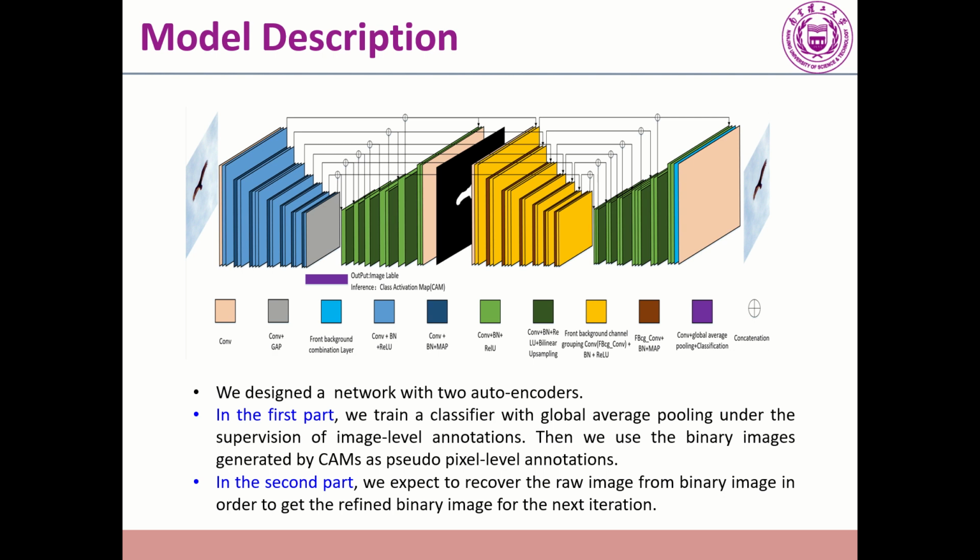The front part and the background part are operated in different channels of layers independently and then fused as the final predicted image. We transfer front and background images in all layers into new binary images, which are used as pseudo annotations for the next iteration, and then we train the network iteratively.